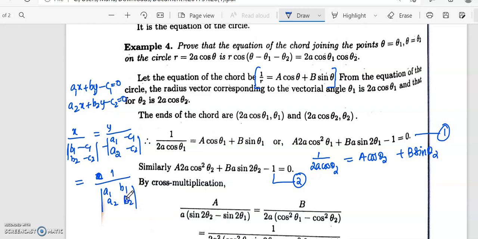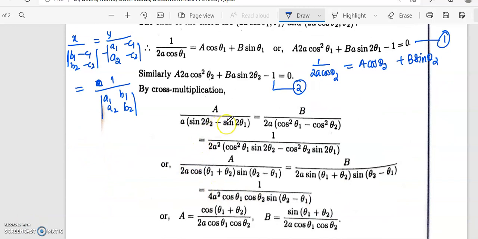So this is the cross multiplication method for solving a system of linear equations. From this we can obtain the values of x, y and 1. In a similar way, when you solve here, you can obtain the values of a and b.